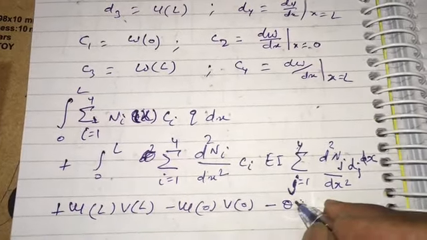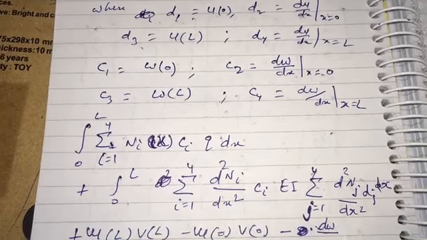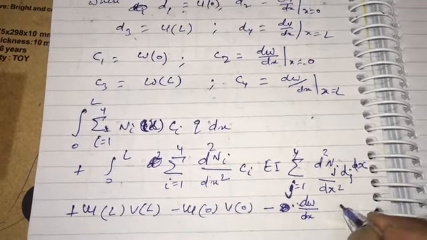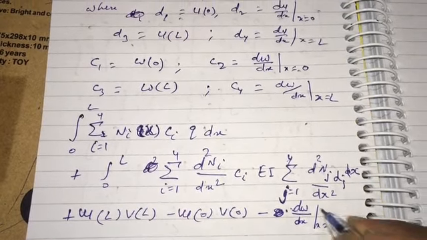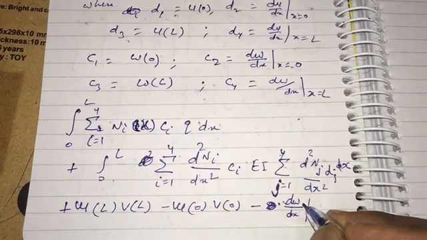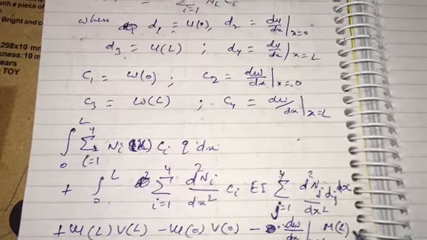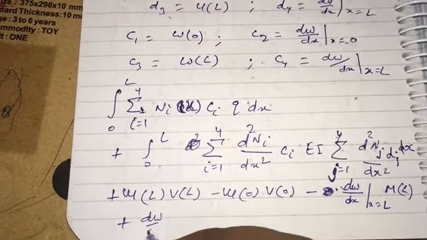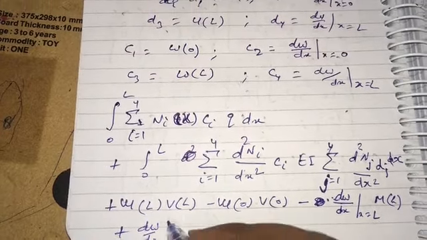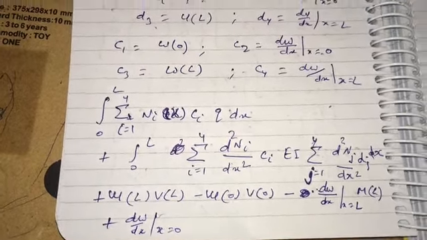Here instead of theta we will write dw over dx at x equal to L. This is equivalent to theta though, and then this will be m at L, plus dw over dx at x equal to 0, and all these things will be equal to 0.